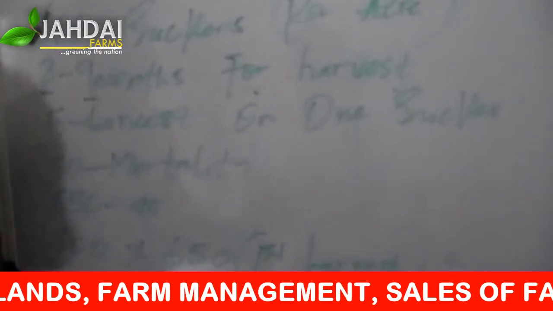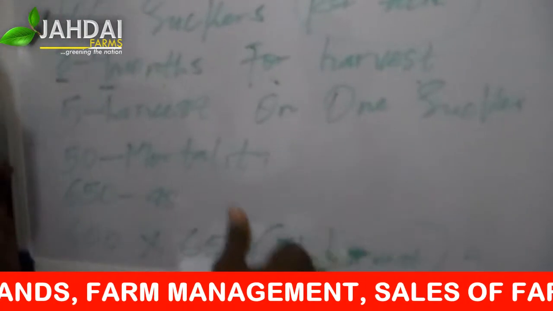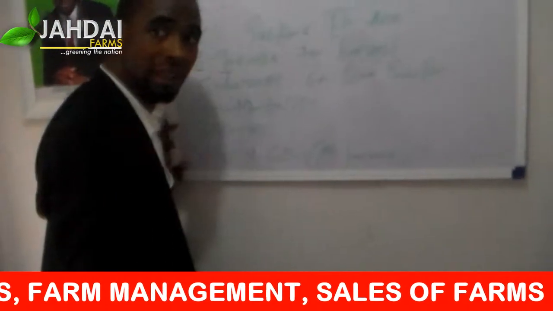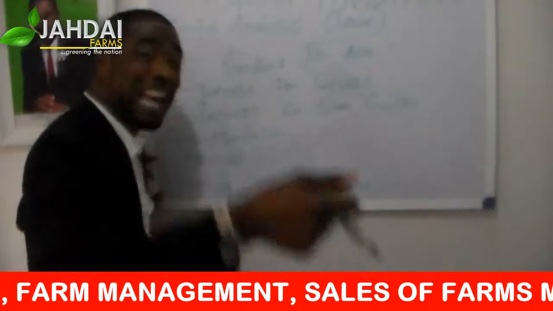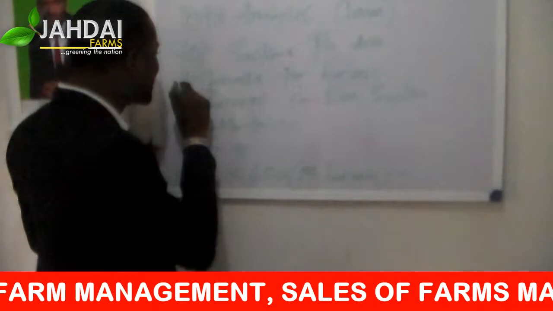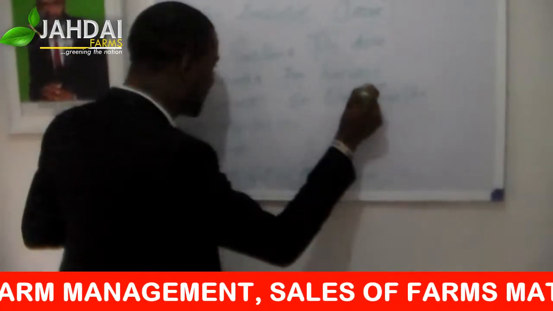It does not take more than a year. I've seen farms where it's over one year. In fact, there's a farm I'm rescuing now. The client called me; they've planted for more than a year and 3 months, and it's not fruiting yet. That is why you must choose the hybrid. Know the hybrid you buy in the market before you buy.